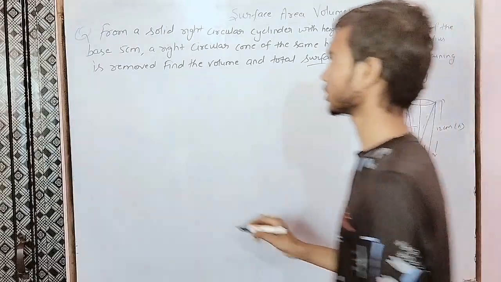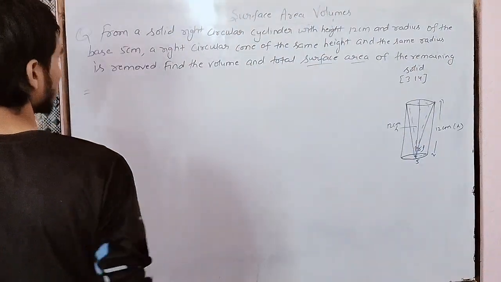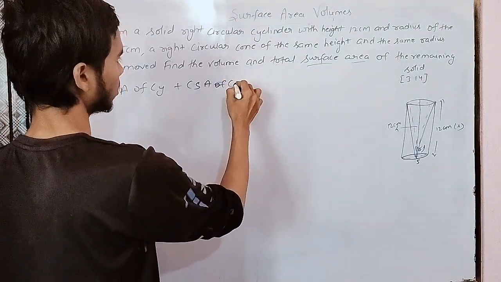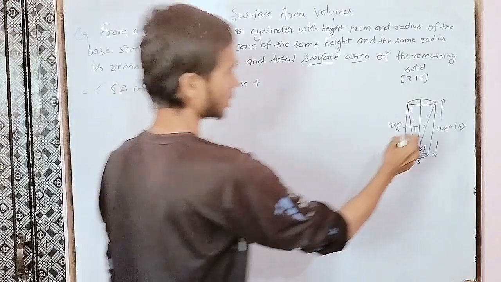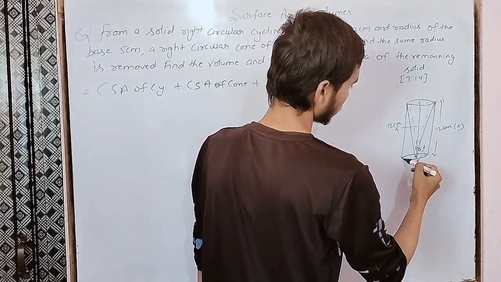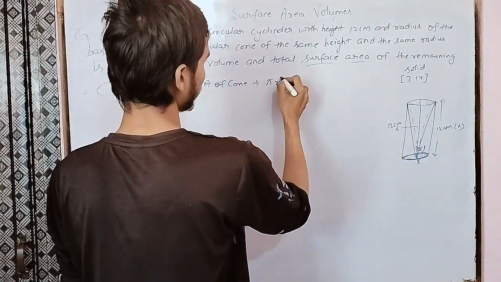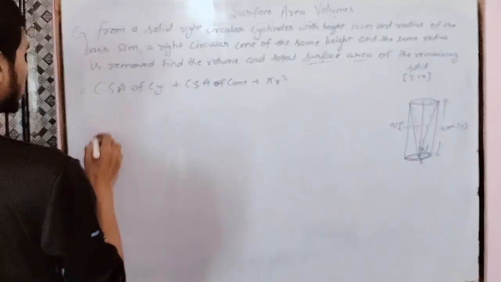So we will take the curved surface area of the cylinder, the curved surface area of the cone, plus this circle. For the circle we know pi r square.